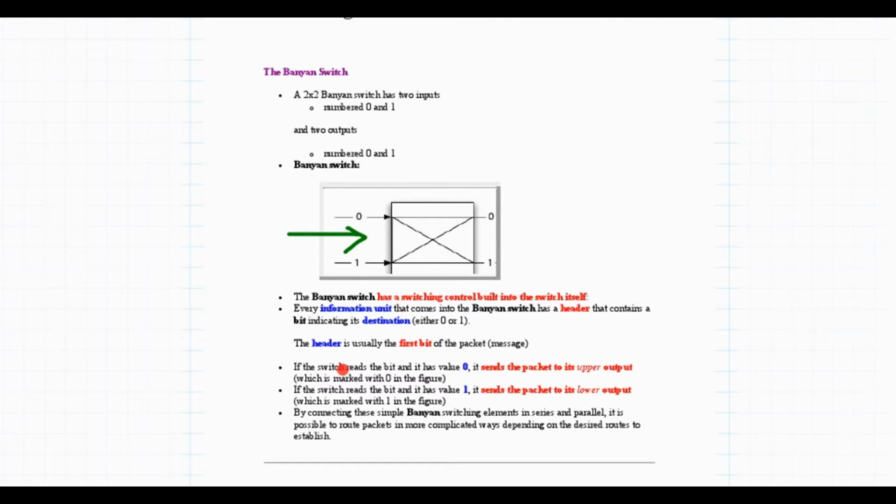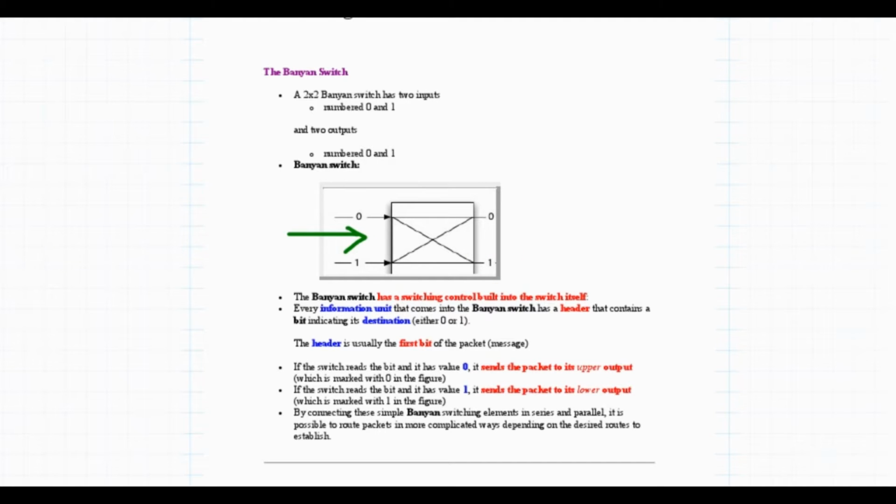Now if the switch reads the bit and it has a value 0, that means the first bit of the header is 0, then the output will be directed towards the output line numbered 0, and if there is 1 in the header, that means the first bit of the packet, then the output will be directed to the line numbered 1.